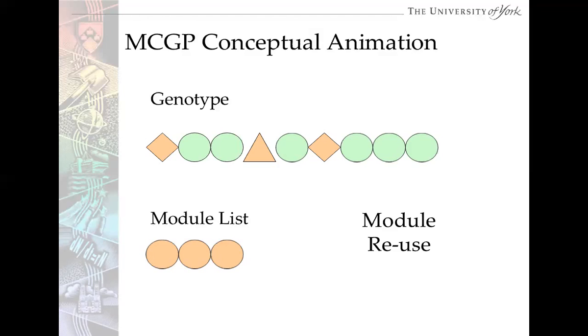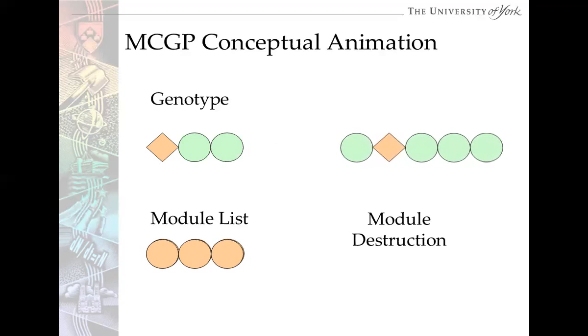Of course, when you capture modules, we've talked about using two random cut points. They're going to be random modules, so they're not going to be particularly good modules. So you need a way of allowing evolution to get rid of modules as well. This is called module destruction. Module destruction only operates on a module that's been captured in the first place.